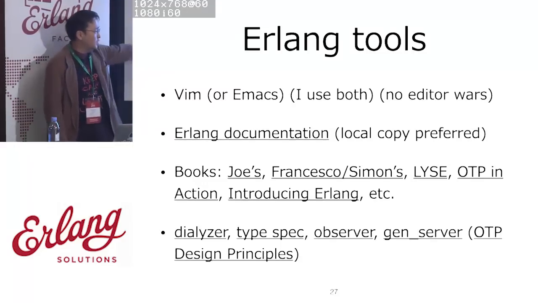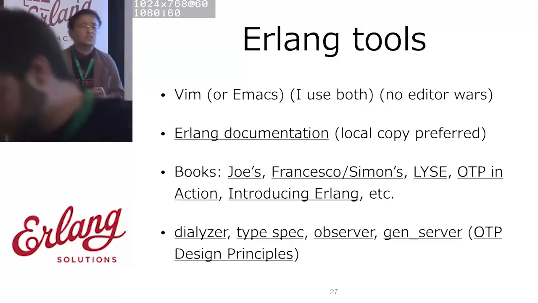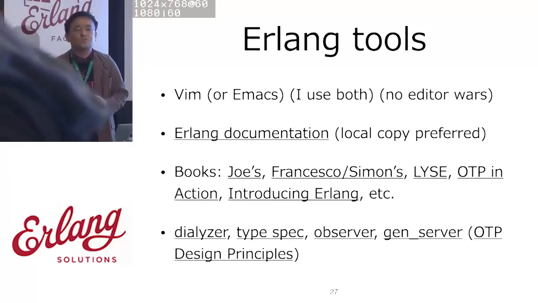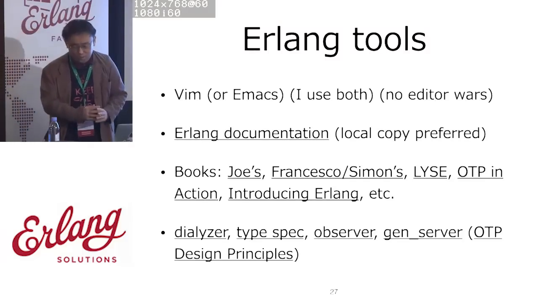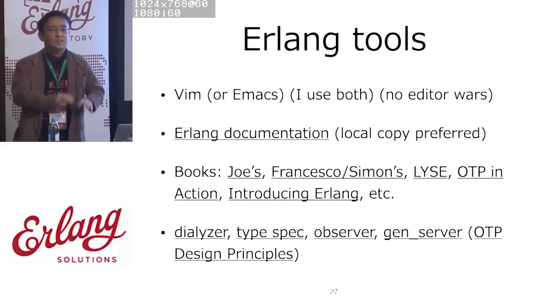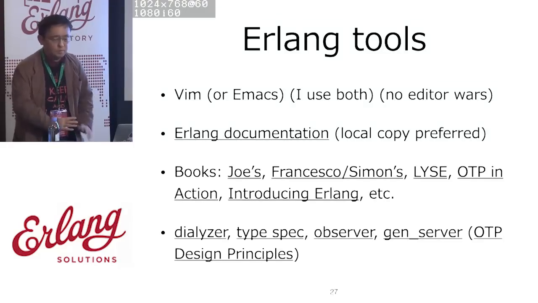And these are the keywords. Dialyzer and type specs are very, very important. Even if you write games or small programs, think about types. Please think about types. That will drastically reduce the number of nasty bugs in your program.